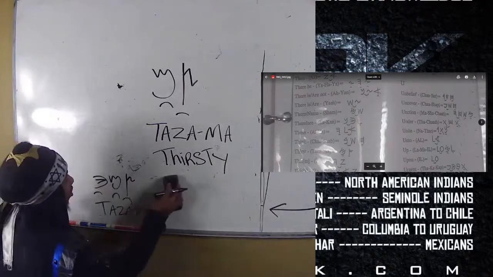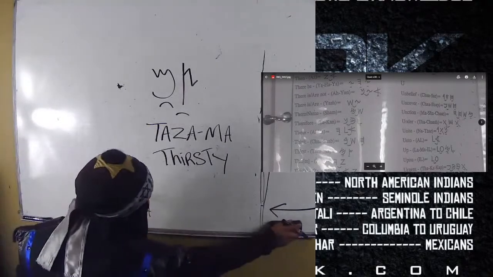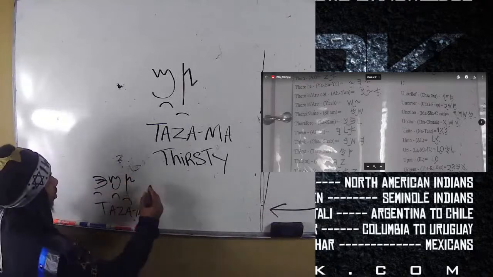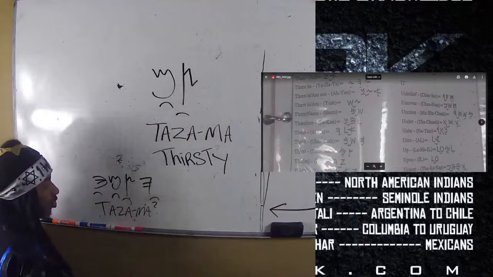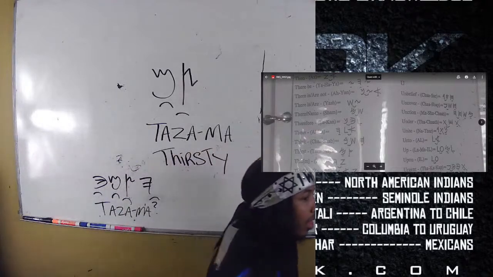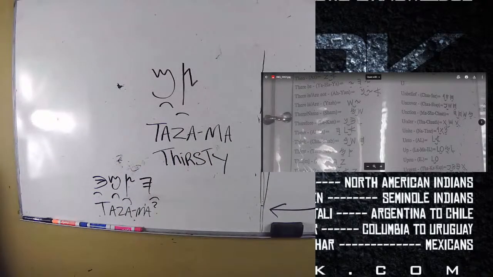Oh, you can't do that. That's how or what. So it will be how. Meaning are you? How or what? Now you say ma tazamaka, you saying what, you thirsty? Say, dog, let me get some water. Matazamaka, what, you thirsty? All right.